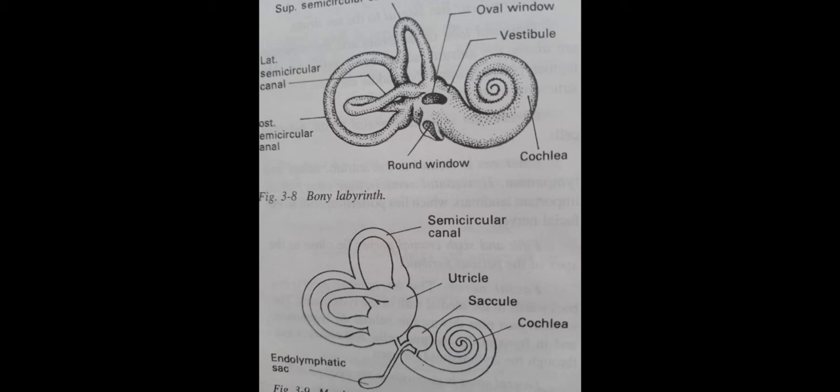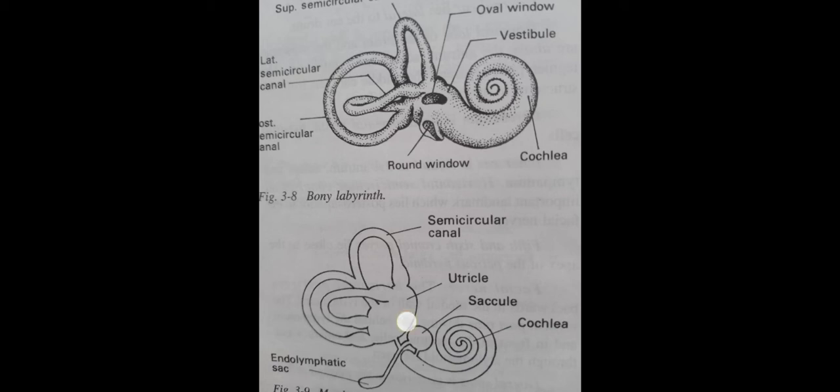So this is the bony labyrinth, which is the series of bony cavities. It is made up of bone. These are the bony cavities connected with each other, and it contains the fluid called perilymph.